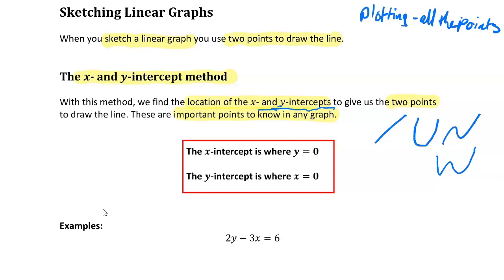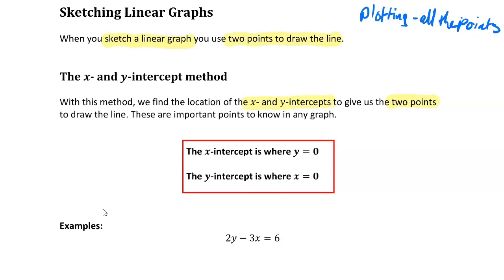So usually I would use this type of method because we need to find those points anyway. I have to admit I'm a bit biased in terms of the methods that I use to sketch a graph.